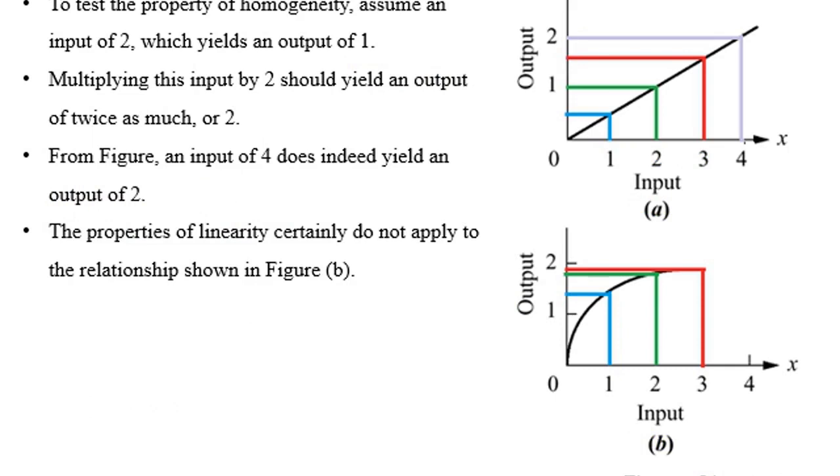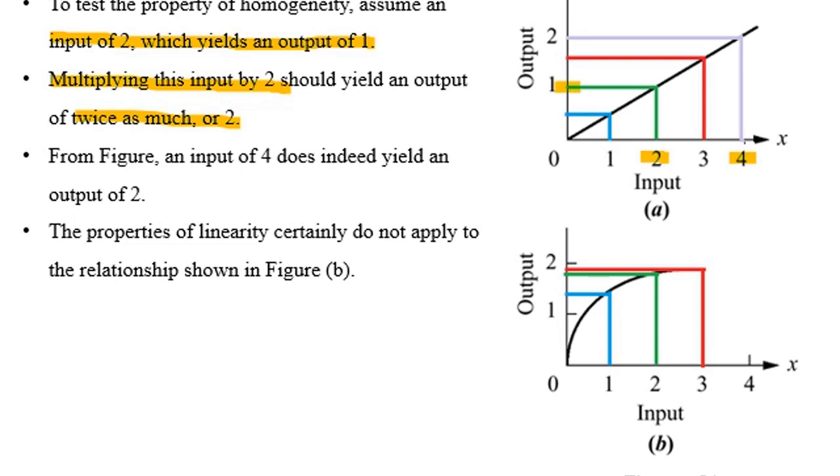Students, now for the same system, we will check the property of homogeneity. For the property of homogeneity, an input of 2 yields an output of 1. Now multiplying the input by a scalar equal to 2 gives an input of 4. For this input, the output must be equal to 2.